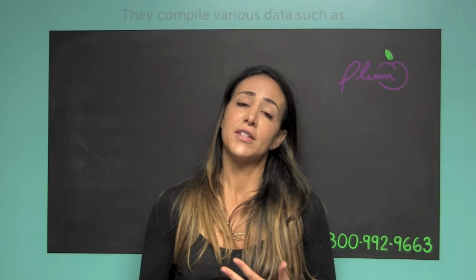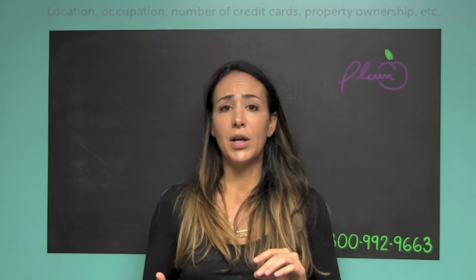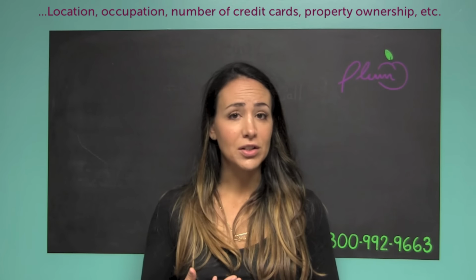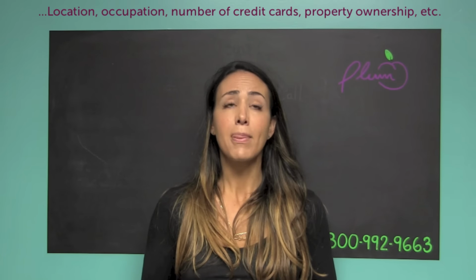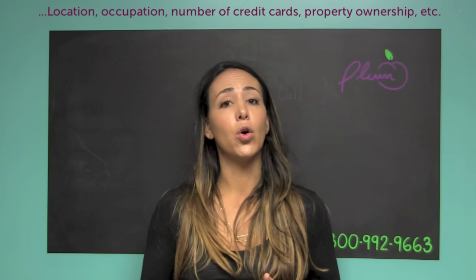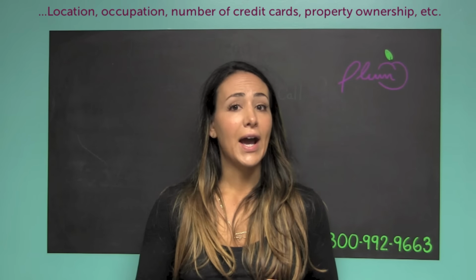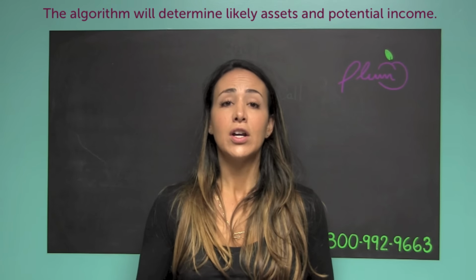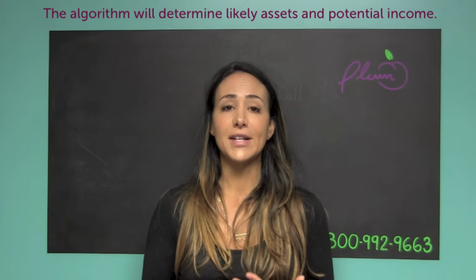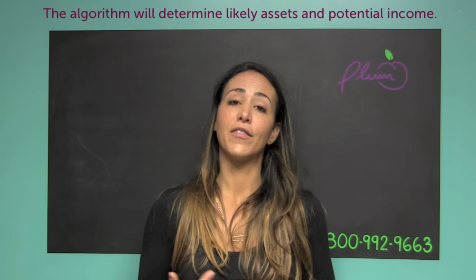These are list compilers that will use data such as where someone is geographically based, the type of job they have or have had in the past, the amount of years they've been employed at that company, how many credit cards they have, how many houses or properties they've owned, if they have any vacation properties, how many cars they have, the type of cars they have. So they're going to take all of this data and put it into software and essentially guess on people's household income, on their assets, things like that.